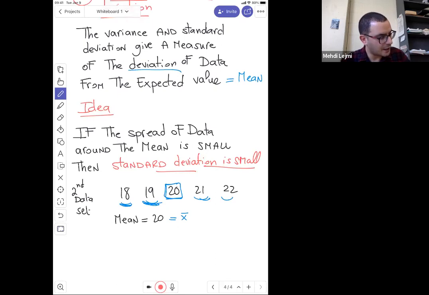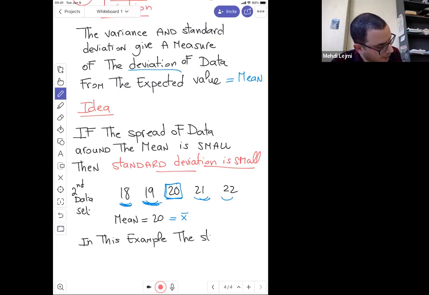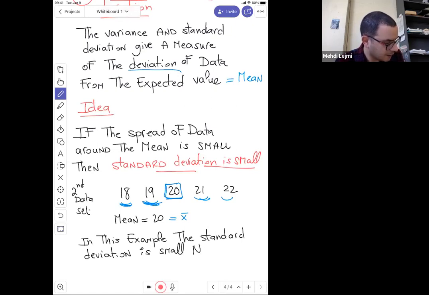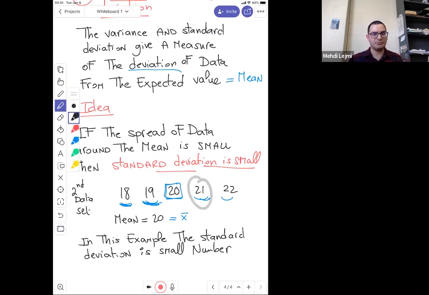Okay, so when we compute the standard deviation, it's gonna be small, a very small number. And again, the reason is the numbers are very close to the mean. If you pick a random number, for example, I pick 21, 21 is very close to 20, right?